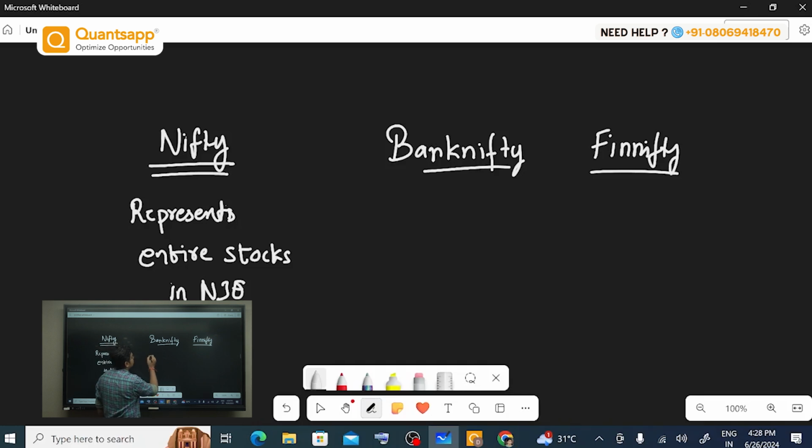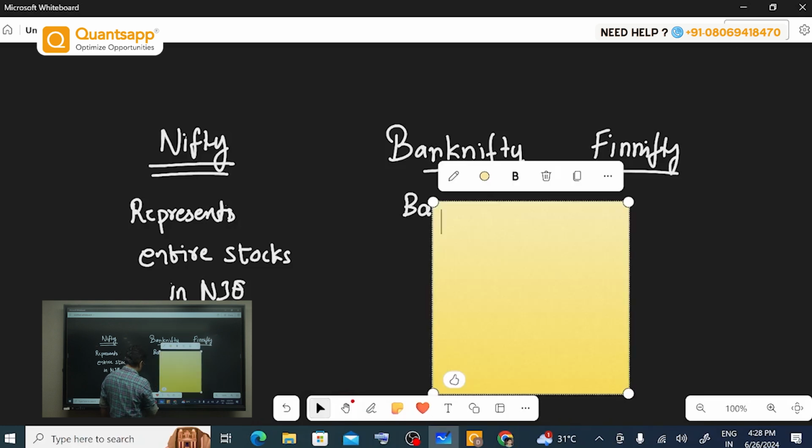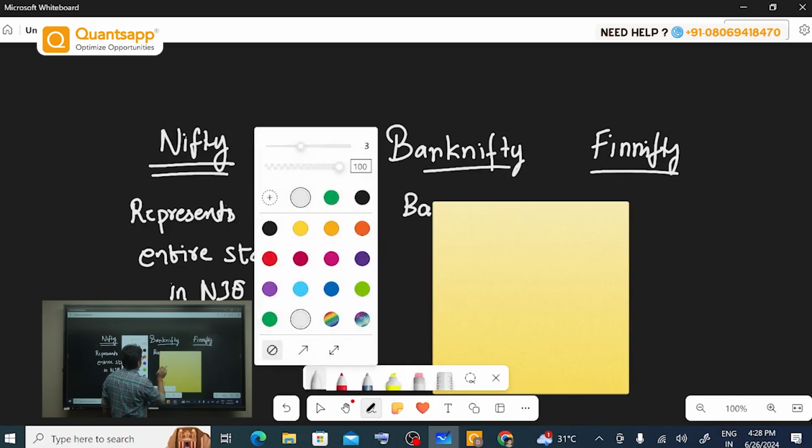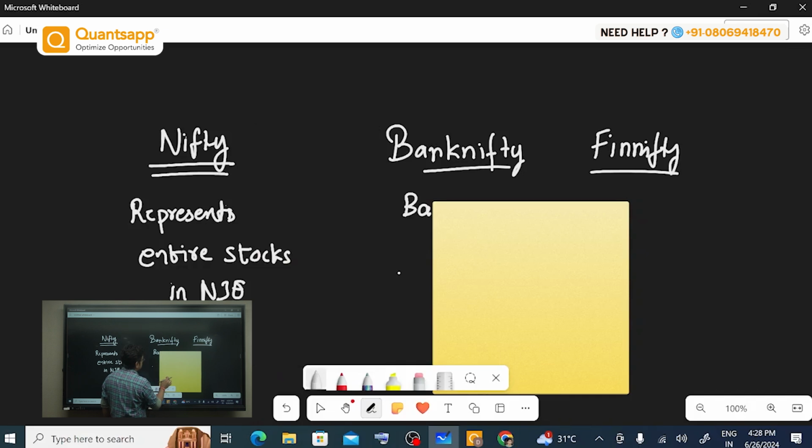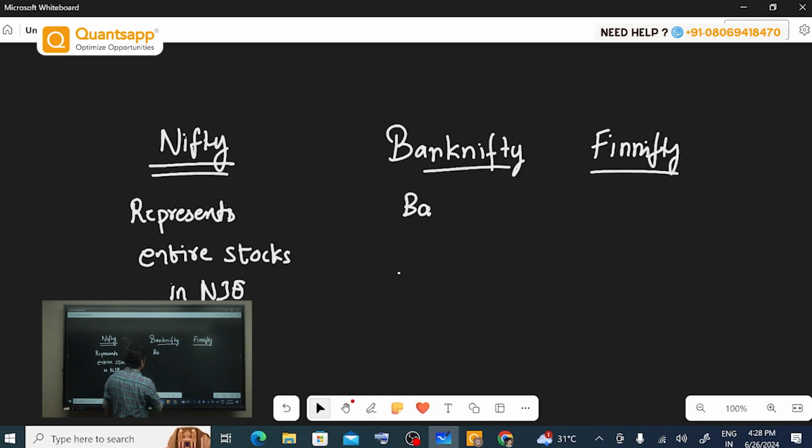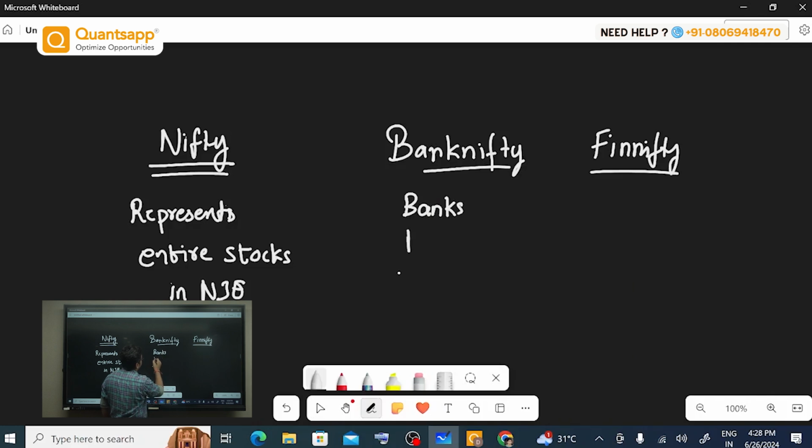Bank Nifty, most of the stocks are banks, NBFCs and other financial institutions.